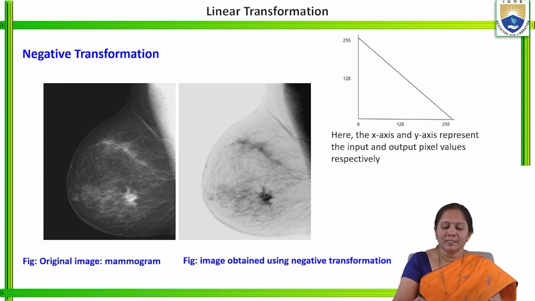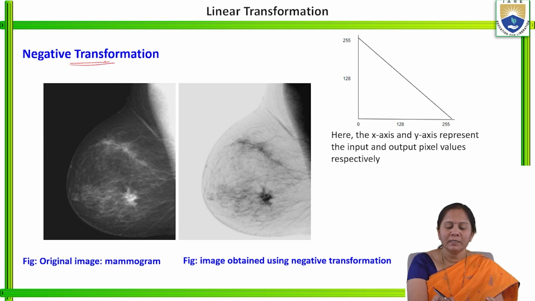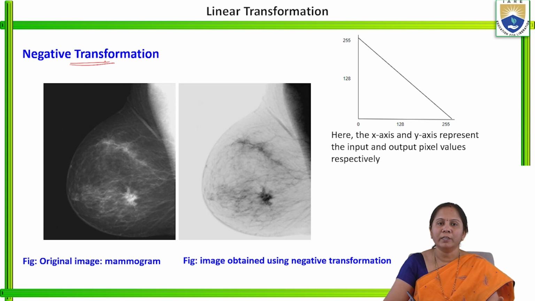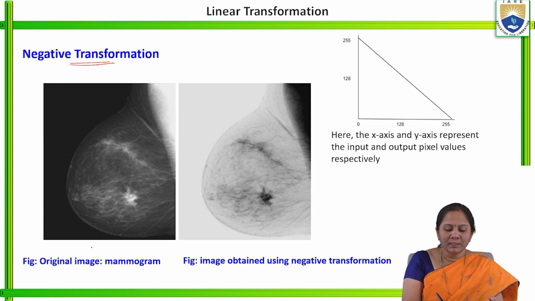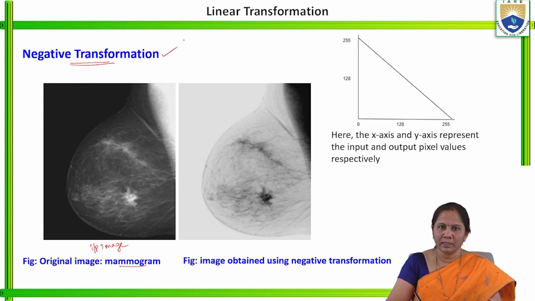Now, from this image we can clearly understand what is this negative transformation. So this is the input image. That means this is the original image which is captured with the help of mammogram, and after applying this negative transformation technique, this will be the output image what we have obtained after applying this negative transformation.